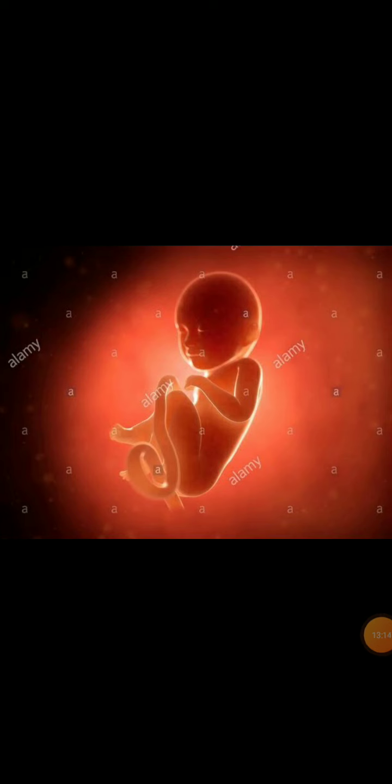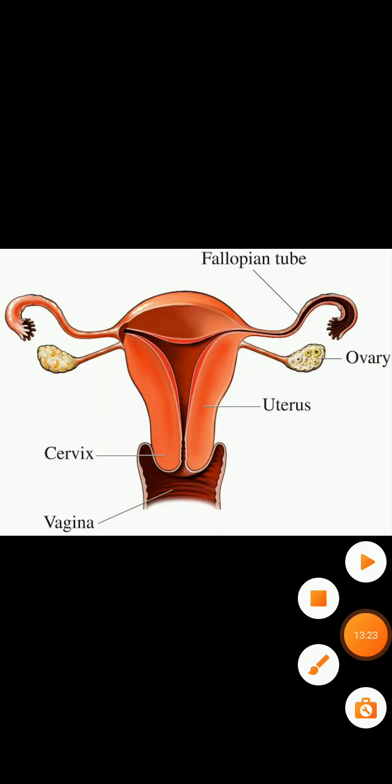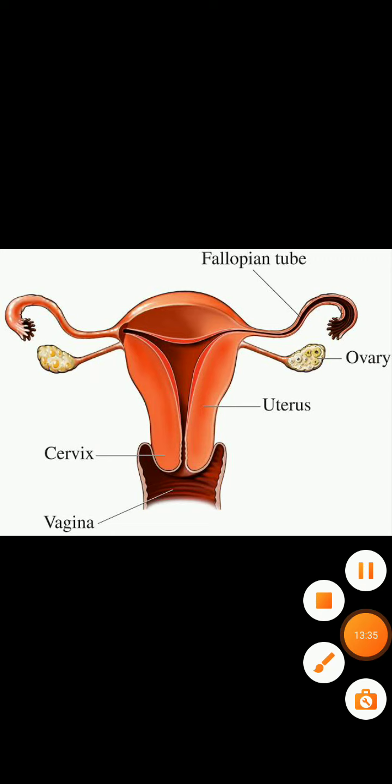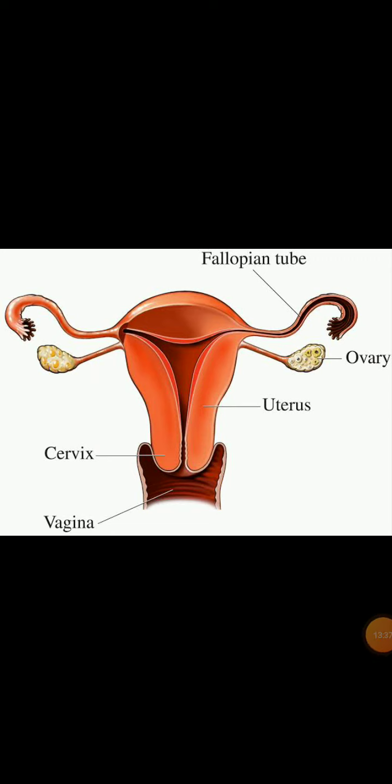Previously, we have seen that the mother's body is designed to undertake the development of the child. So, the uterus prepares itself every month to receive and nurture the growing embryo. Now let us talk about the function of the uterus.